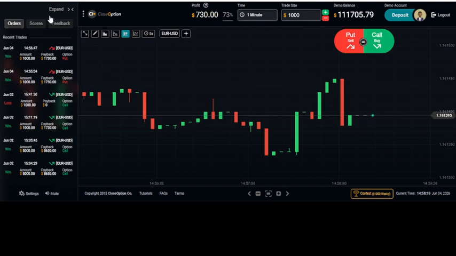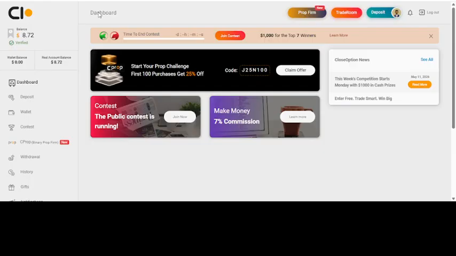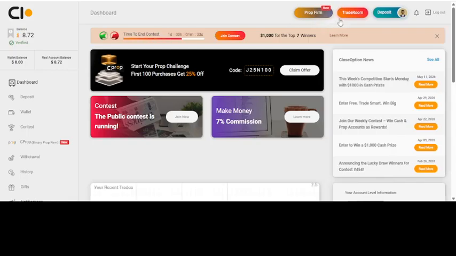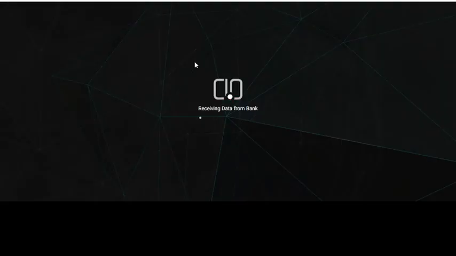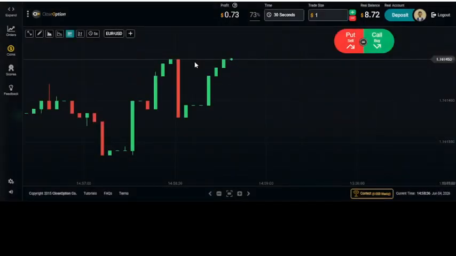As a matter of fact, let's do a quick look. Okay, go to the trade room again, and this is the real trading account here. Let's load up the real account data. And these are the same candles. They're the same exact candles.